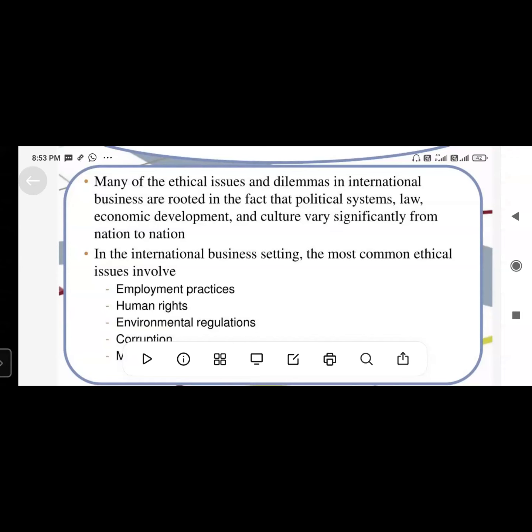But when for money or for any other thing, if these rules are compromised, then this will be called as unethical.